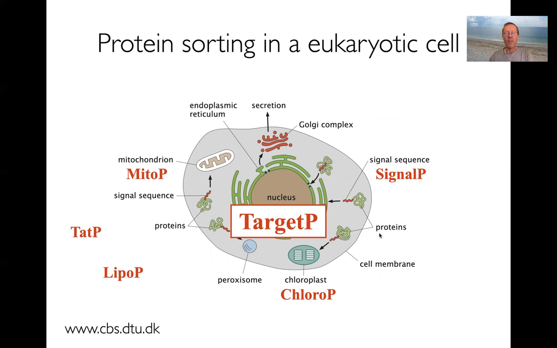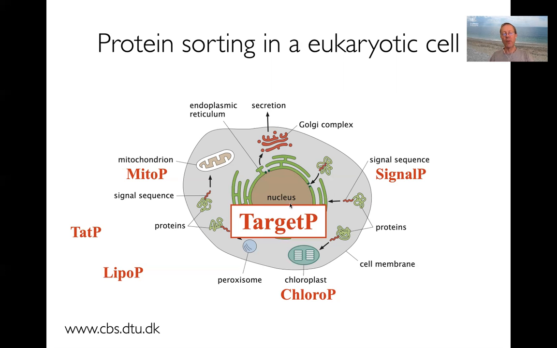And for the eukaryotic cell, these have even been merged into one protein targeting predictor called TargetP, which takes a sequence as input and tries all these different mitochondrial, chloroplast, and ER targeting signal sequence neural networks, and then weighs the outputs against each other, and comes up with a final prediction as to whether the sequence encodes one or other of these signal sequences or none of them.